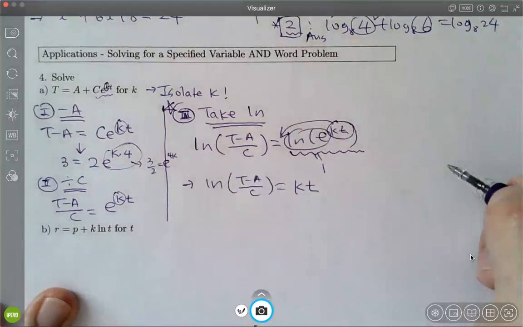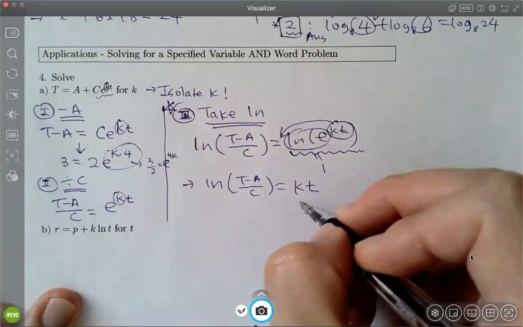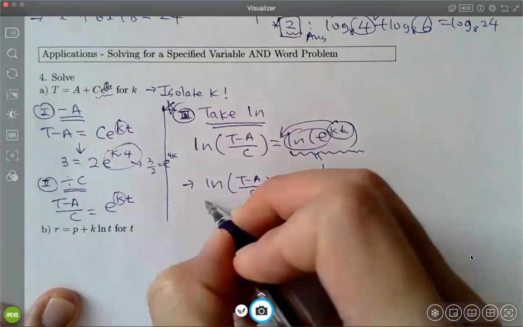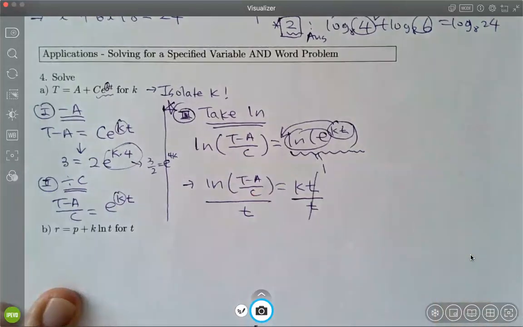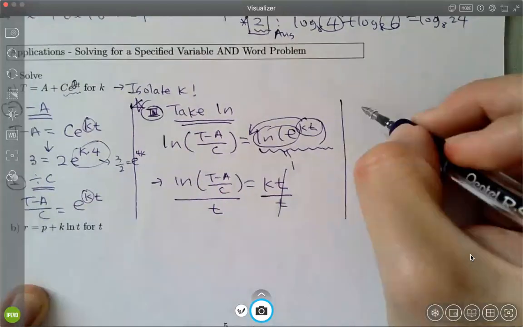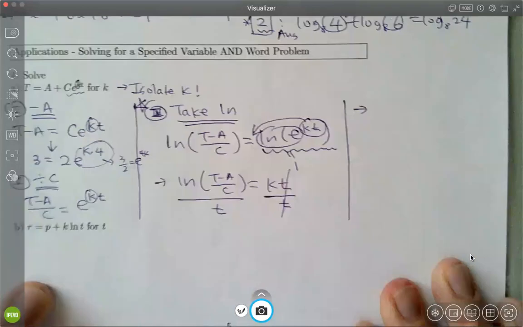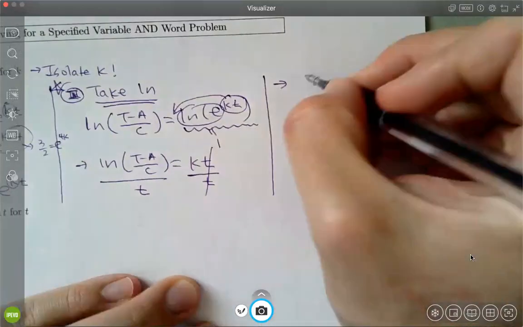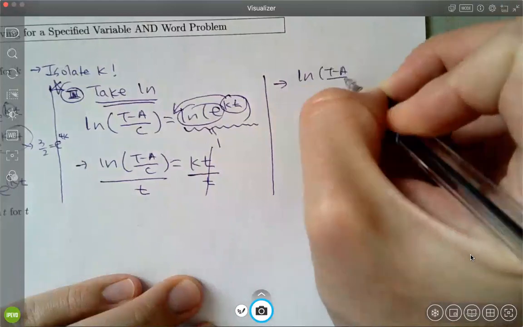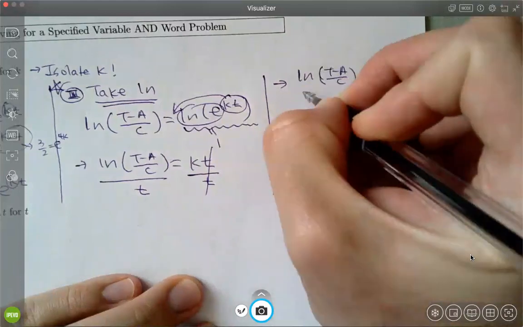And then I guess you can see what the last step should be, right? Which is what? Divide by t, right? Okay, so the t's cancel. And so what do you have? So we have ln (t minus a) all over c, and then everything over t is equal to k, right?